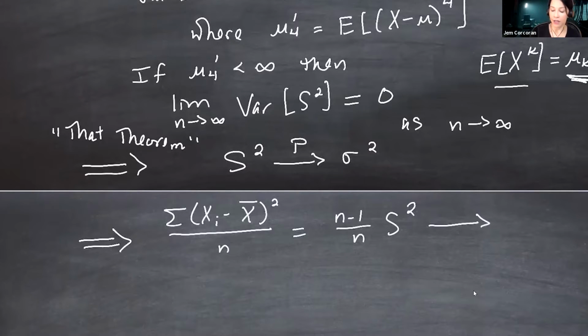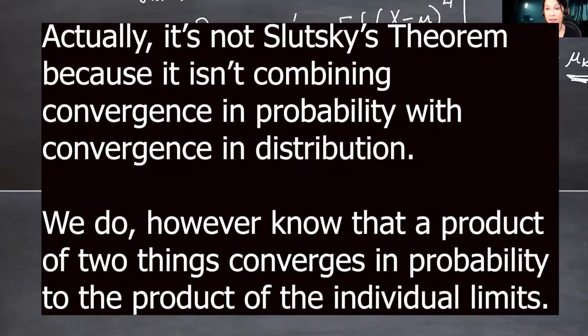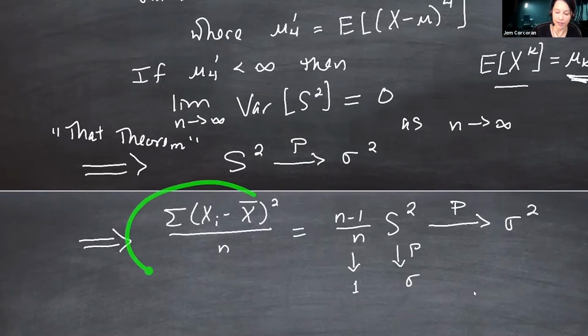And this also has to go in probability to sigma squared, and that's by Slutsky's theorem, because we just kind of showed that this is going in probability to sigma squared, and this goes to 1. So it's a Slutsky's theorem result, which is another reason that a lot of people use this, because they say, well, in the limit, it's all the same. But I wouldn't use this for a small sample size.